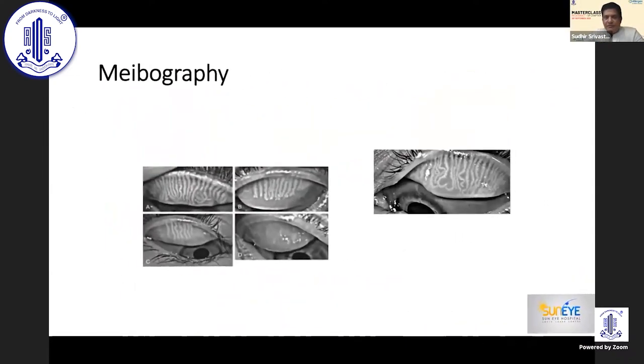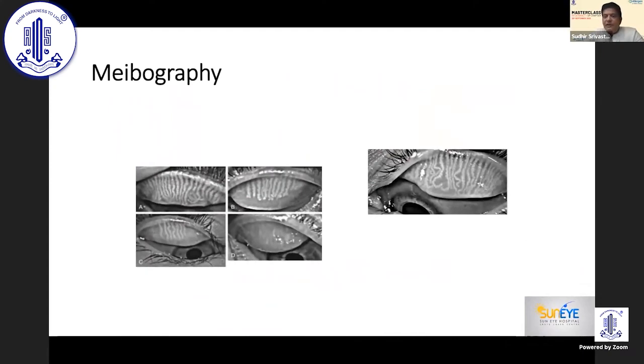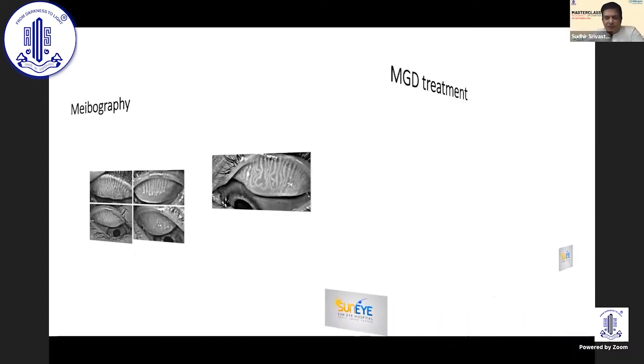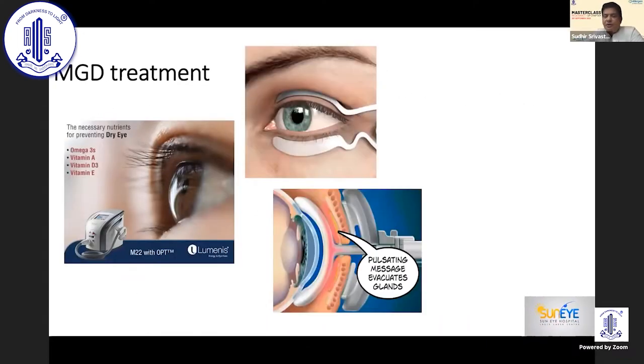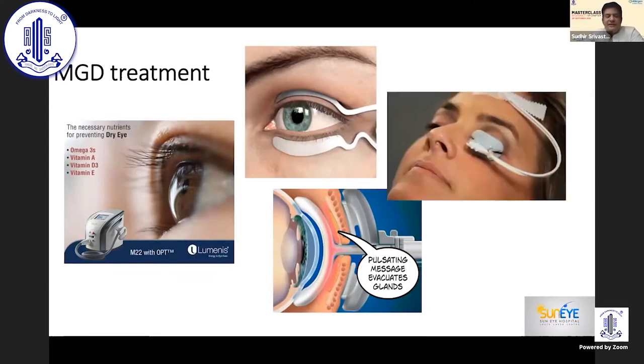If the patient has a problem, you can invert the lid and, with any kind of autoref under infrared light, assess the presence or absence of meibomian glands, because presence and absence of glands are very important. And if the glands are present, then you can simply give hot compresses, massages, and pulsatile therapies, and some oral omega fatty acids and other things.